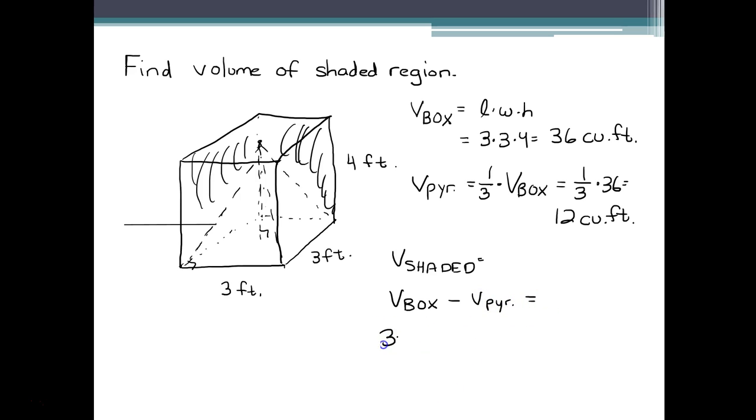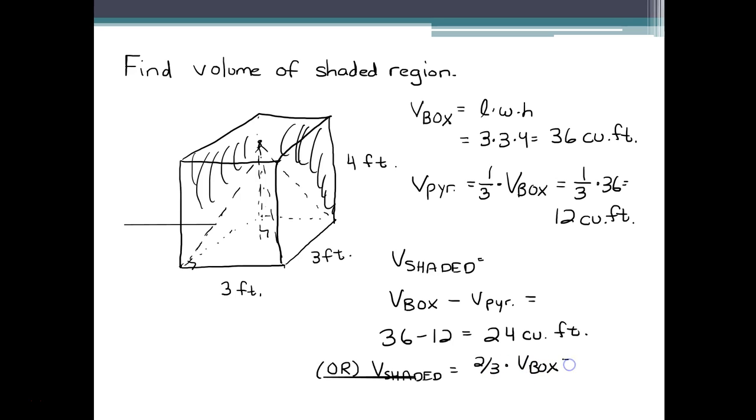So 36 minus 12, which gives us 24 cubic feet. Or the shaded region is 2/3 of the box. So remember the pyramid was 1/3 of the box. So 2/3 times 36 will get you the same answer, 24 cubic feet.